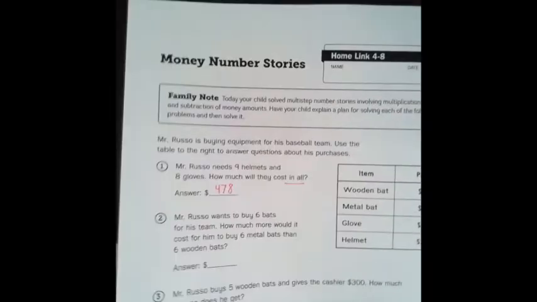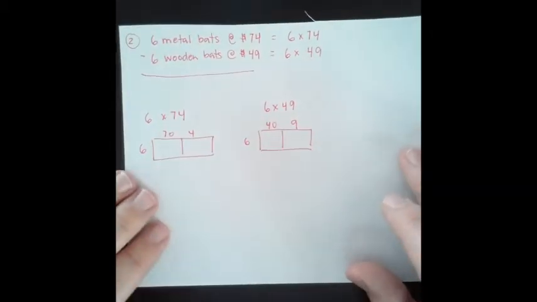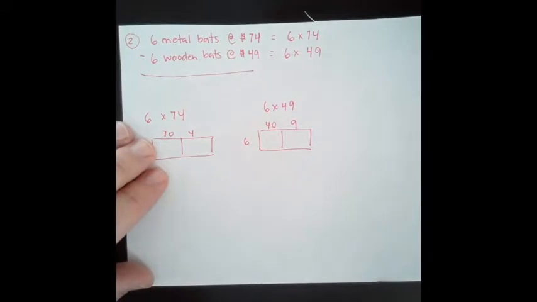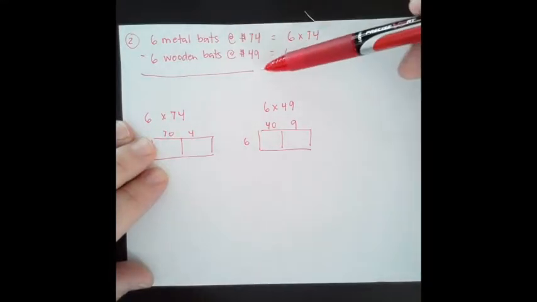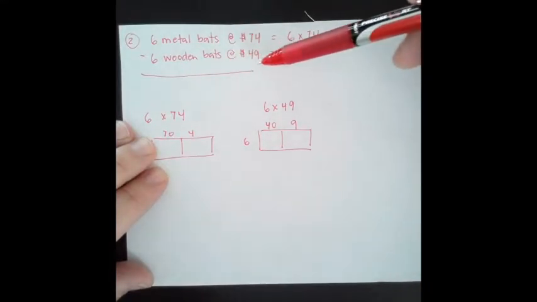So again, I went ahead and put my work on a separate paper. All right, so since I know the metal bats cost more, I'm going to be putting that on top because I'm going to be taking away the lesser value, which is the 6 wooden bats at $49 a piece.